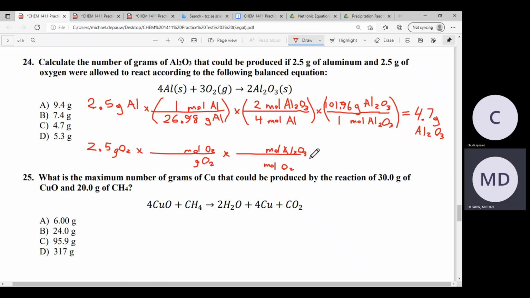And then I'm going to convert moles of aluminum oxide back to grams. So moles of Al2O3.